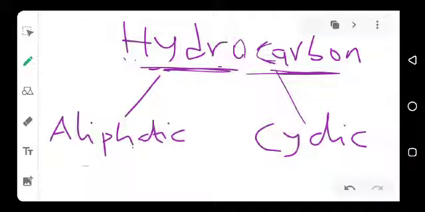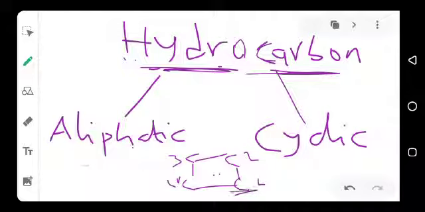Take for instance, if you have something like this one, it has 4 atoms, 1, 2, 3, 4, and all the 4 carbon atoms are joined together, they are closed. So anything that has a closed chain like this is called a cyclic hydrocarbon.